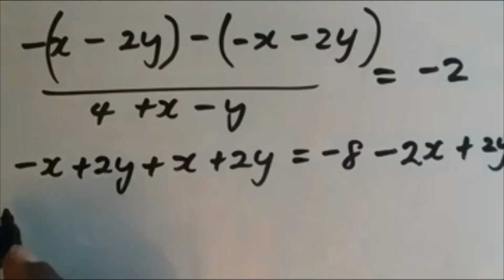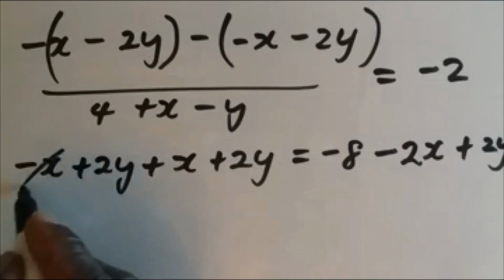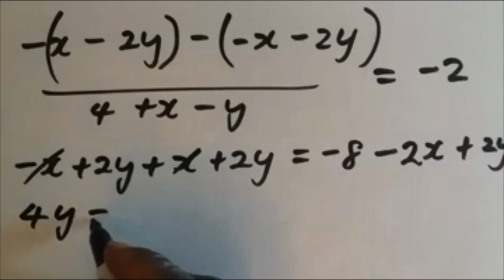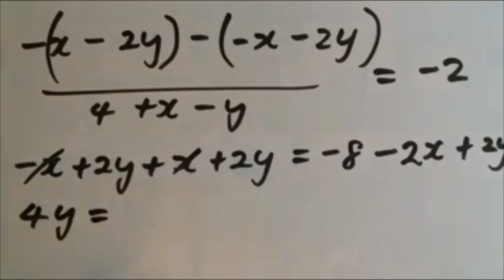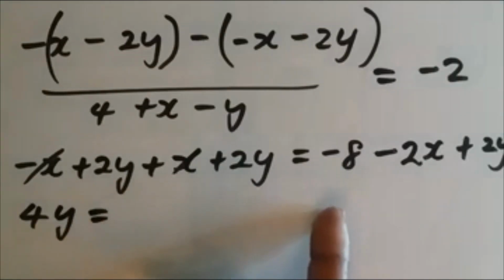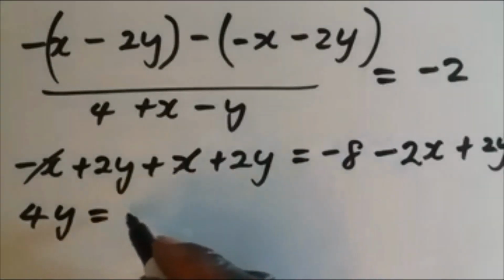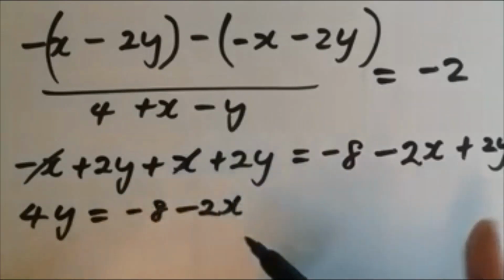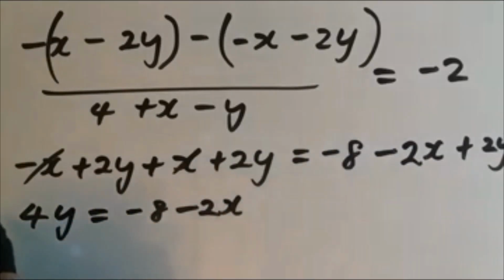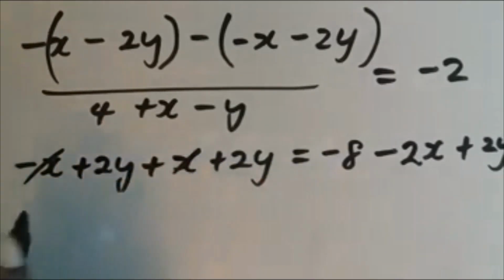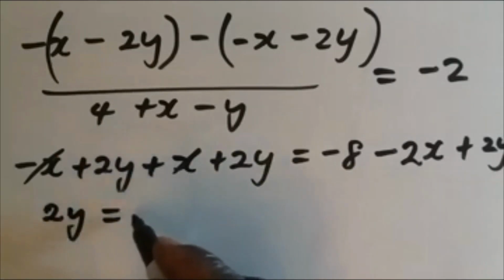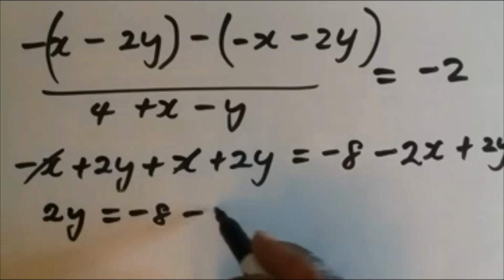Now if we simplify the left hand side, we have the x minus x cancels out, so we have 4y, and the right hand side becomes, we have a -8 and a -2x, so we'll write -8 minus 2x. The 2y now, we can add it to both sides, so let's do that all in one go. So we have 4y minus a 2y, which will give us 2y is equal to -8 minus 2x.